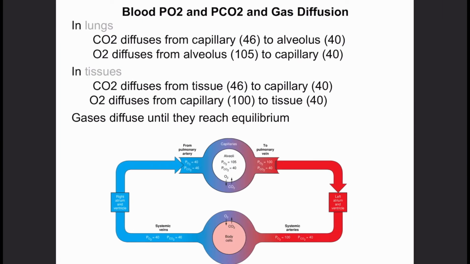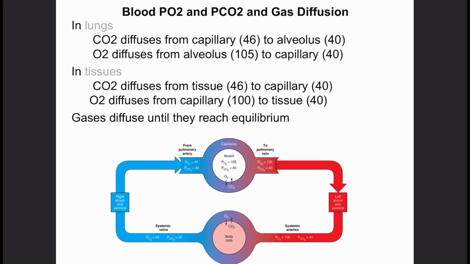So again, it's going to go from high to low, and it's just based off of passive diffusion. Movement of oxygen and carbon dioxide are going to go from higher to lower concentration, and so the same thing is true of pressure. Carbon dioxide and oxygen are going to move from higher pressure to lower pressure simply via passive diffusion.